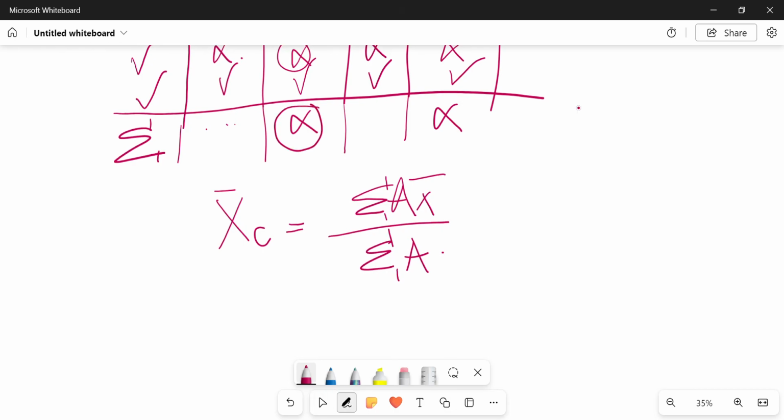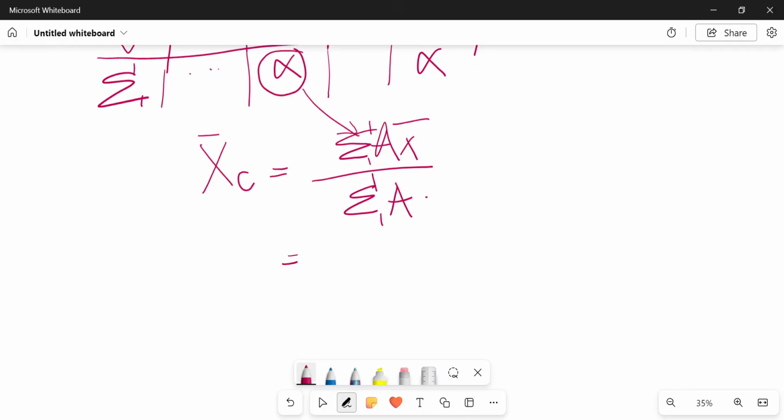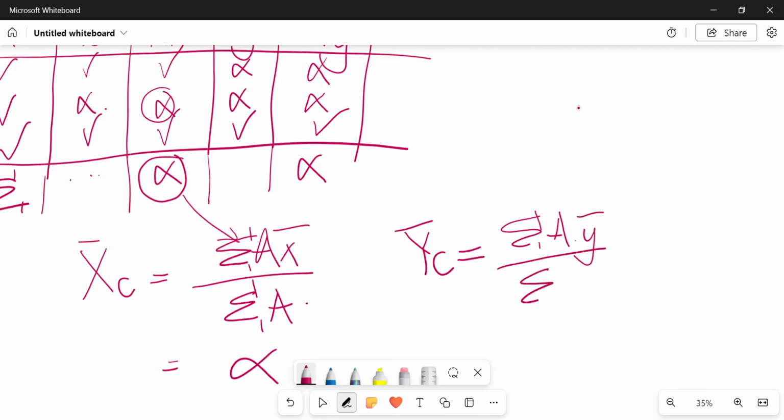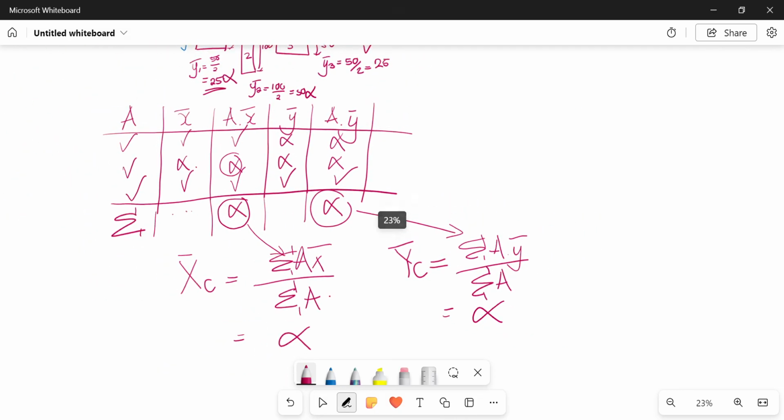But since this total is already incorrect, whatever you get is incorrect. Similarly for your centroid along the y, the total of your area multiplied by y bar over the sum of your area. Already this is incorrect, so your answer is incorrect.